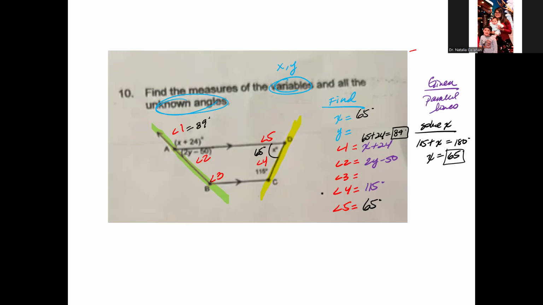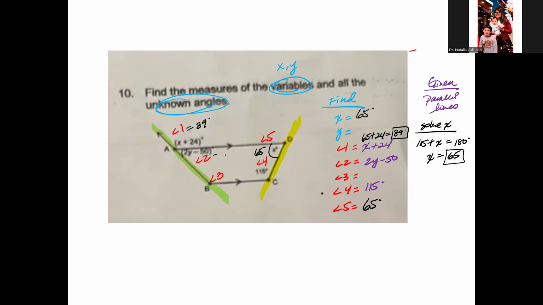Okay, why? So we don't know what to do. Nope. Is there anything I could do with angle 2? Yeah, come on. Okay, so angle 2 is supplementary to angle 1. Good.